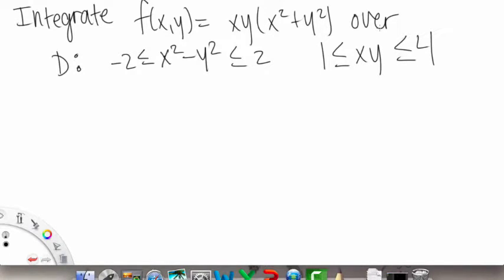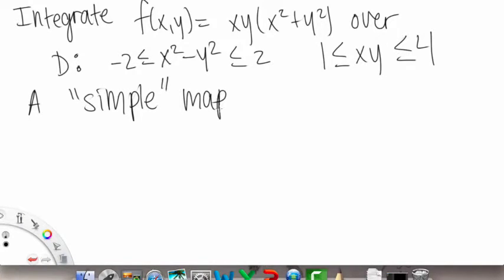So in this case, it just so happens that there is a relatively simple map. So G or F or whatever you want to name it, I'll just call it F since this one's actually going backwards.